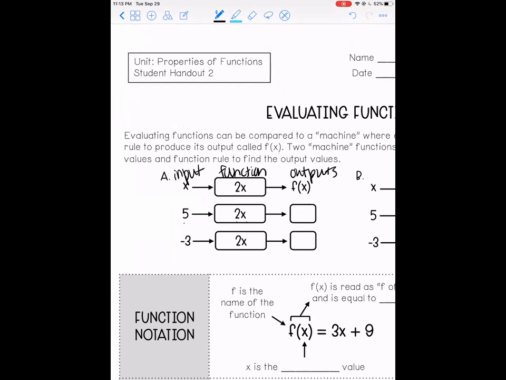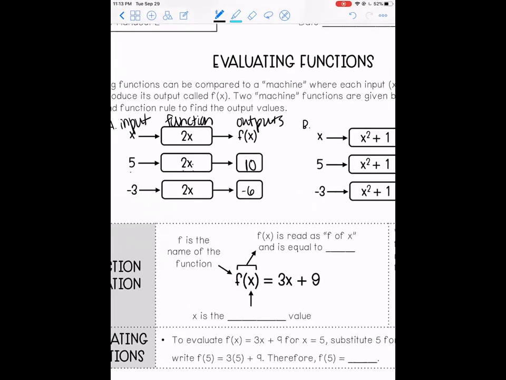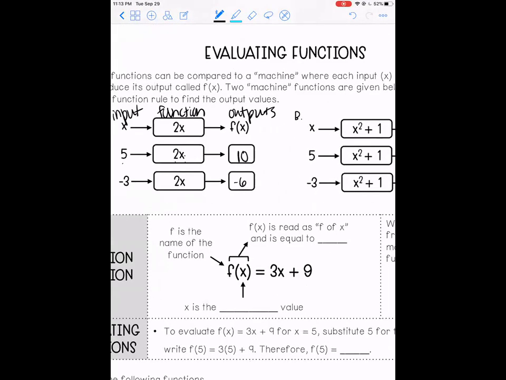Well, if I substituted 5 for x, that would be 5 times 2, which would equal 10. Negative 3 times 2 would be negative 6. We'll use those again in just a second. But this is a recap of what the function notation is.